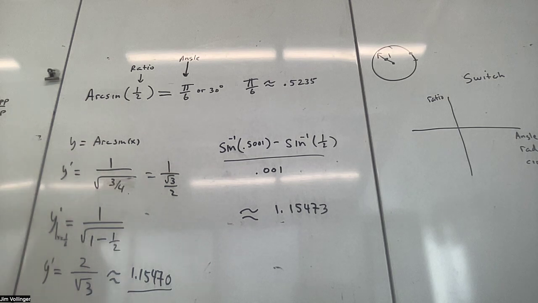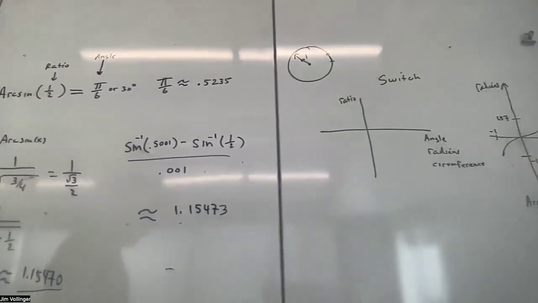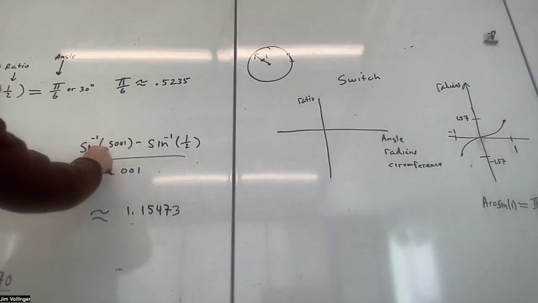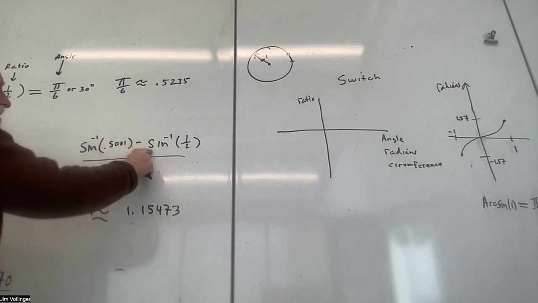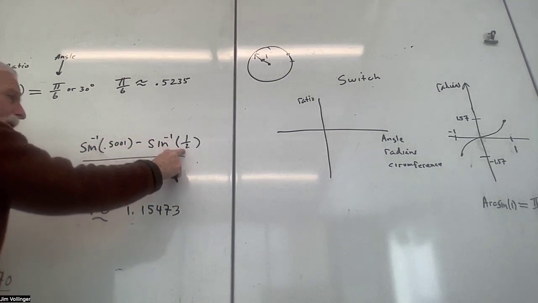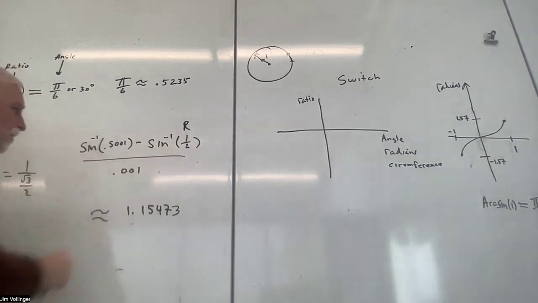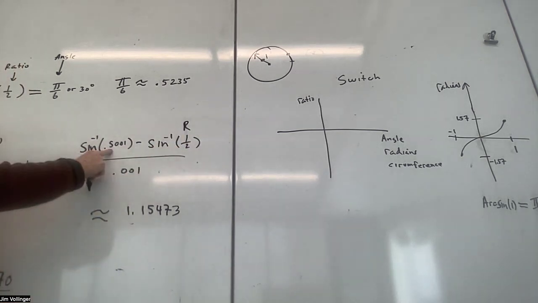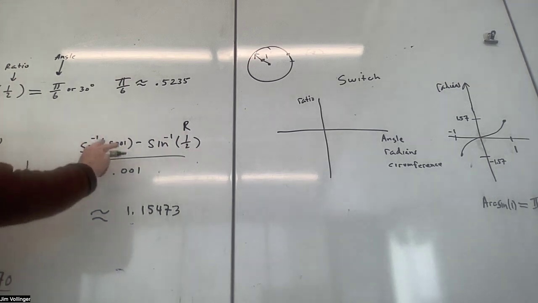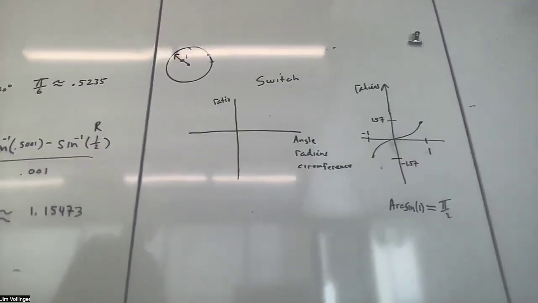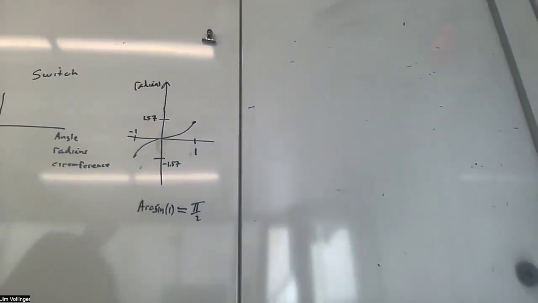So I decided to just play with some numbers, and I went to the calculator. I did the sine inverse of 0.5001 minus the sine inverse of, instead of writing 0.5, I wrote a half to make everyone see that that's a ratio. This is a little bit bigger than a half, and so I got a little bit of a change on the arcsine function, which I drew over here again.